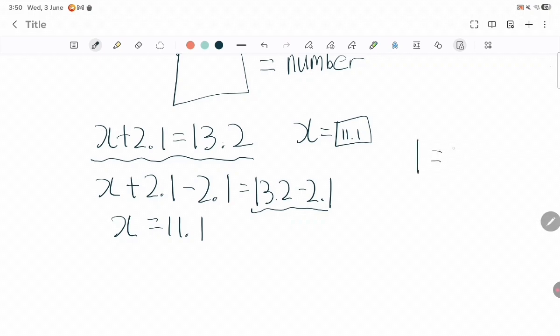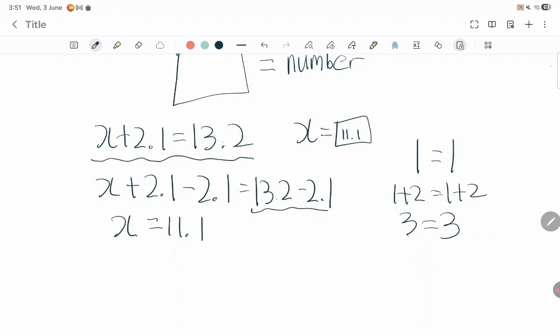Let's look at this specific example. 1 equals 1. Obviously they both are the same, but let's say we add 2 to each side: 1 plus 2 equals 1 plus 2. Obviously they will be the same. They will still have balance. That's why the same goes for subtraction, multiplication, or division.